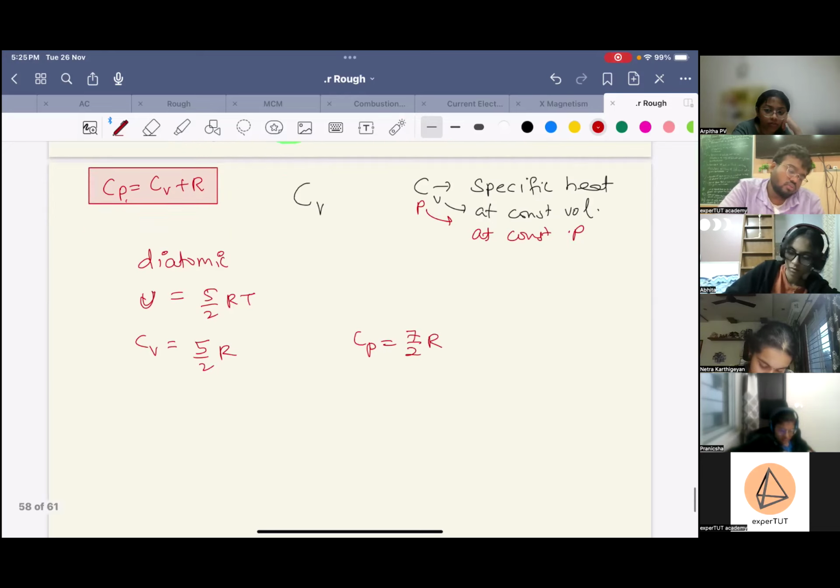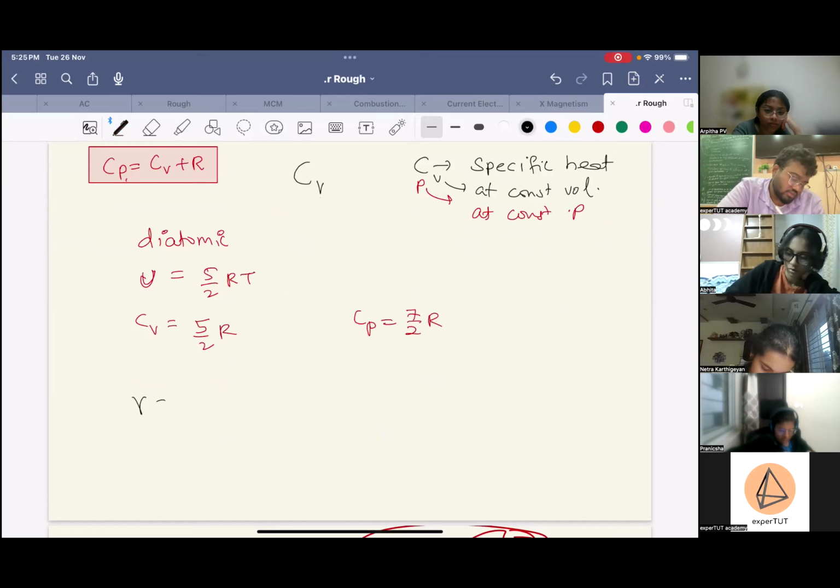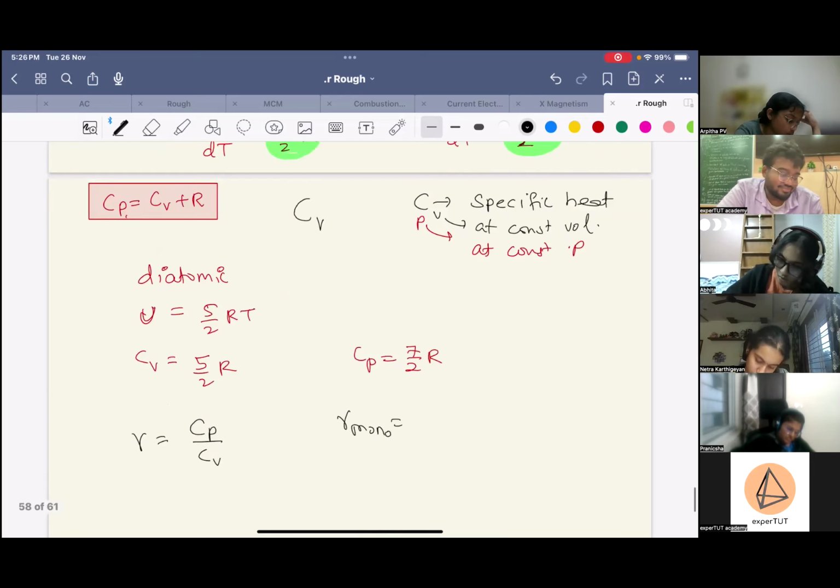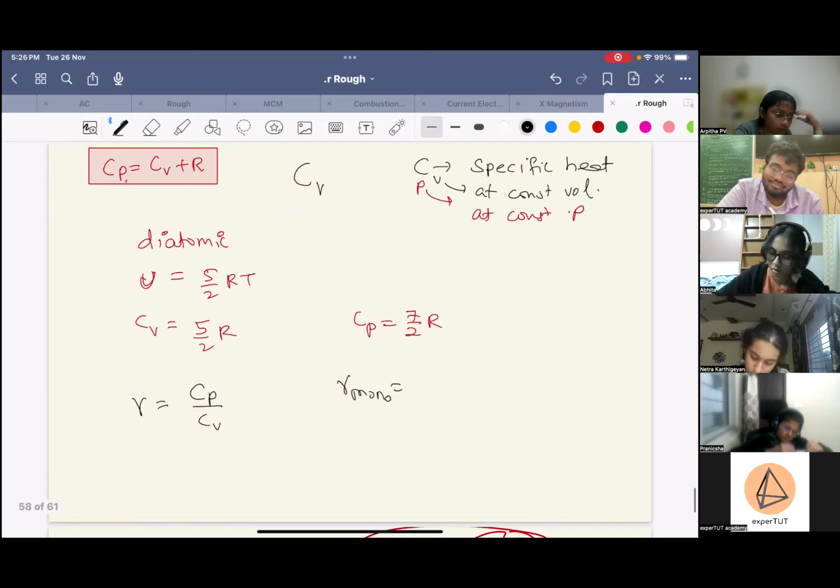Okay, so there is one more quantity which is called gamma, the adiabatic coefficient. Gamma is actually the CP by CV ratio. So how much is gamma for a monatomic gas? Tell me, children. 5 by 3.